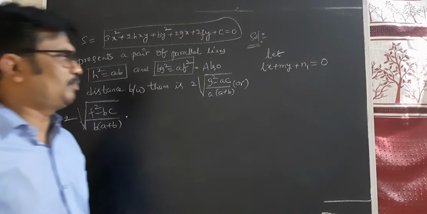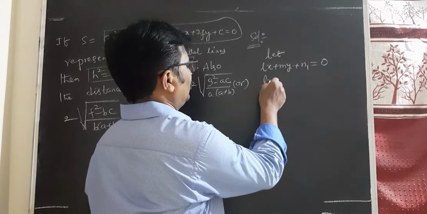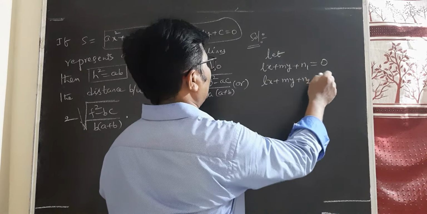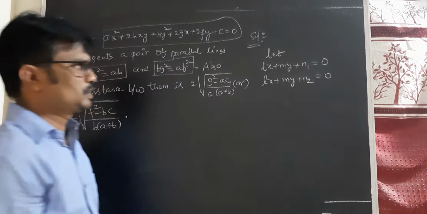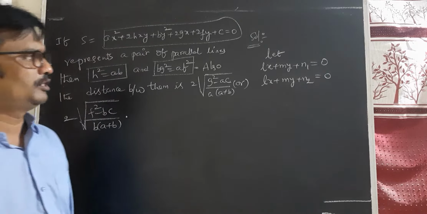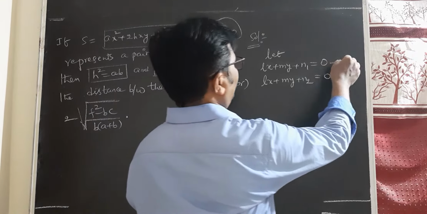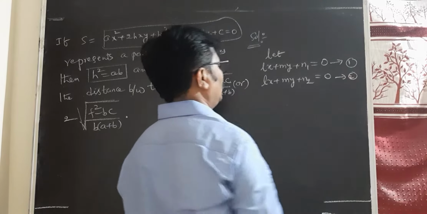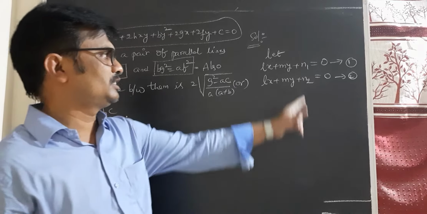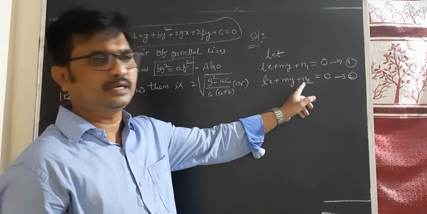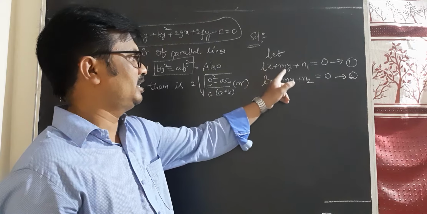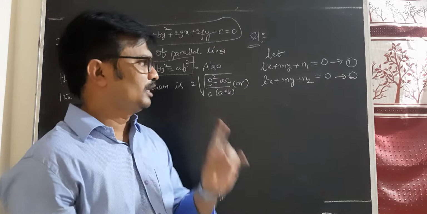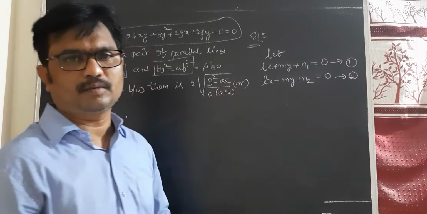And the second line lx plus my plus n2 equal to 0. So dear students, what we observed, the lines differ by only the constants. The slope of the first line is minus l by m. The slope of the second line is minus l by m. Therefore students, these two lines are parallel.